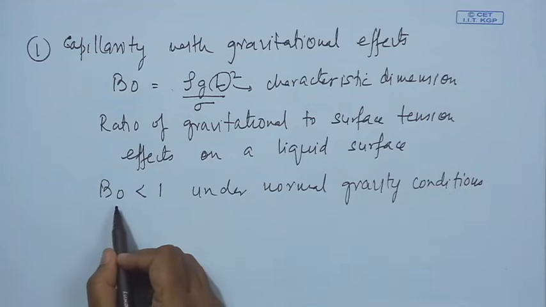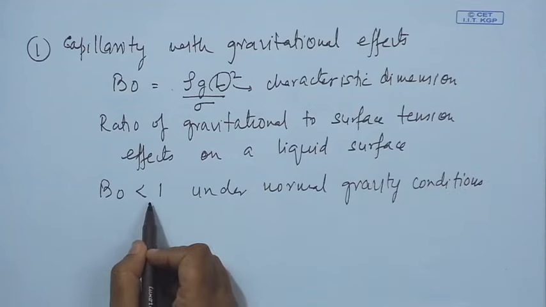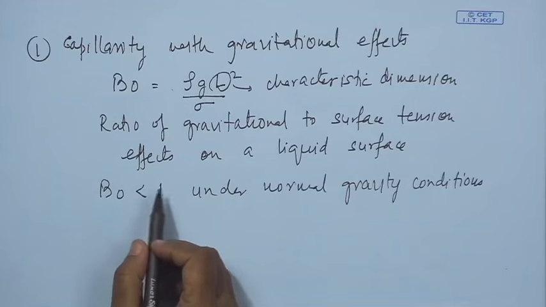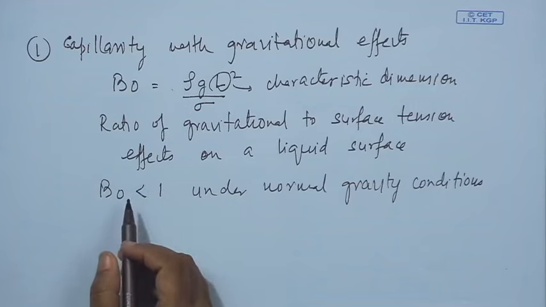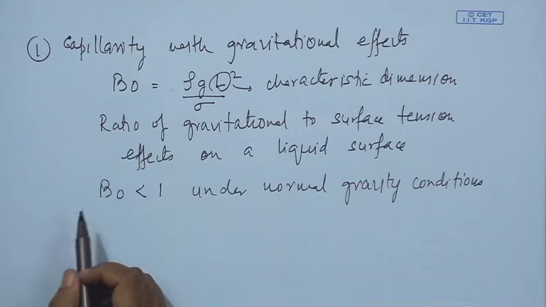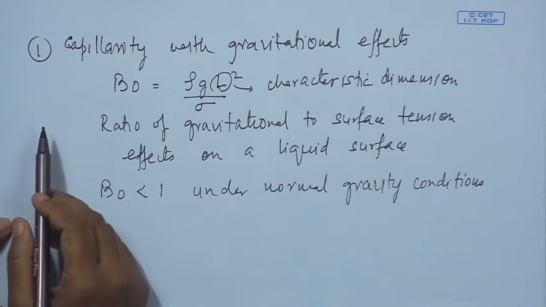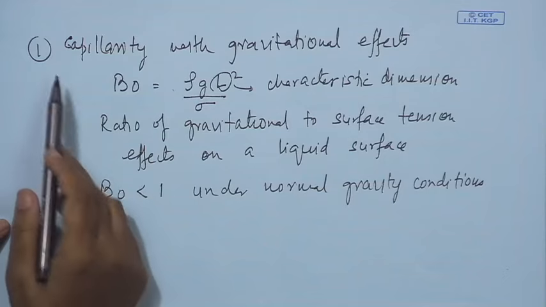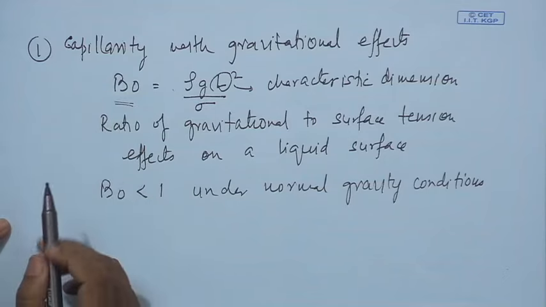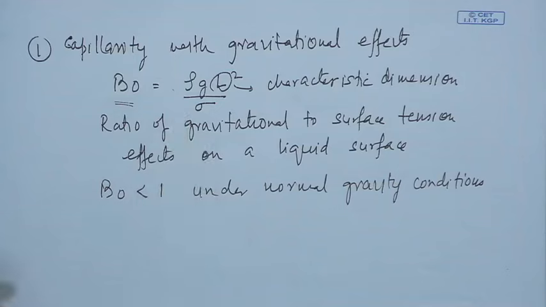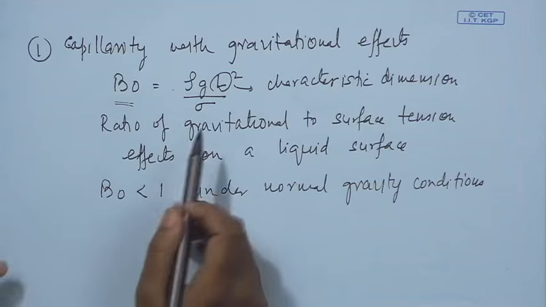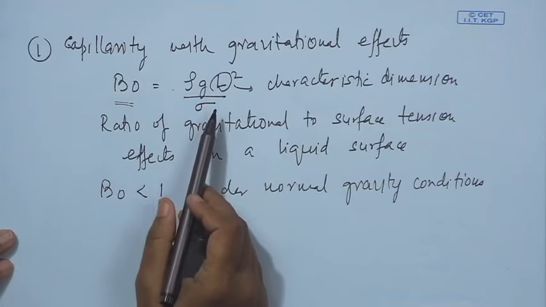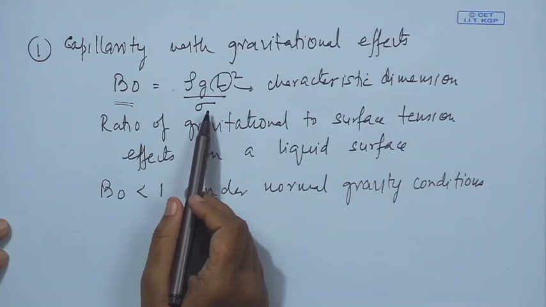So, therefore, this can be achieved, as I have already said, under microgravity condition or for very low dimensions for normal gravity condition. Till now, whenever we were defining a microchannel, it was on the basis of Bond number. But if you observe the particular expression, you will find that it is applicable for a stationary or a static system.